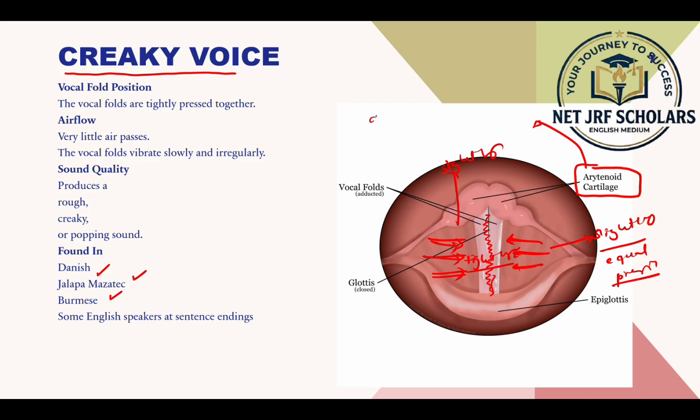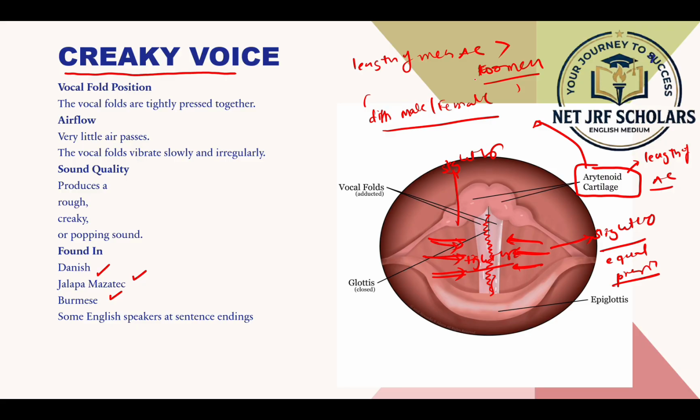We can easily differentiate between male and female voice, right? The reason for the differentiation is the length of the arytenoid cartilage. Usually the length of men's arytenoid cartilage is greater than women's.